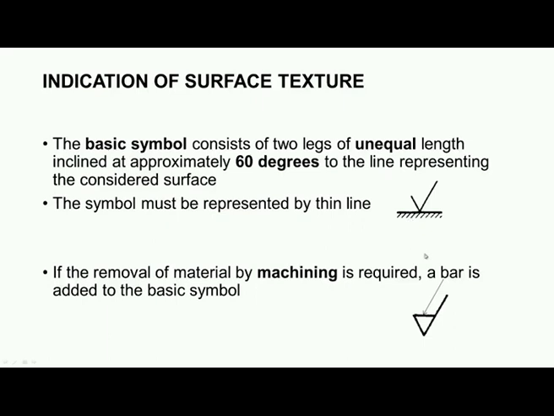If the surface is to be made by some machining operation or by some removal of material, then you can see here a bar is added. So this indicates that machining is required. That means we have to remove the material by machining operation, like maybe turning operation or milling operation or the shaping operation.